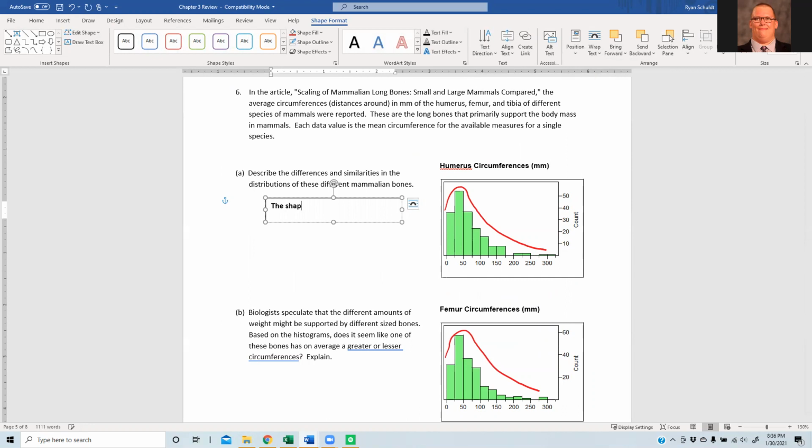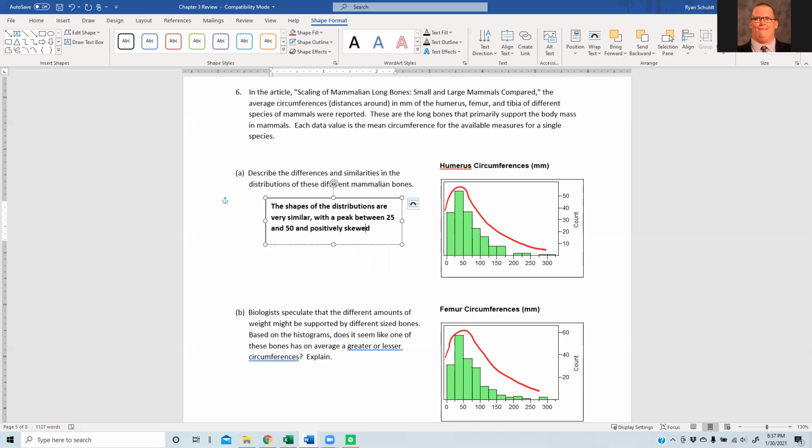So the shapes of the distributions, I should say, are very similar, with a peak between 25 and 50, and they're all positively skewed.